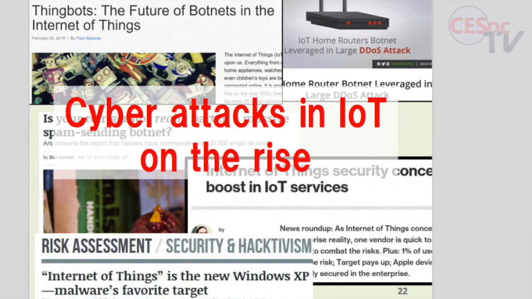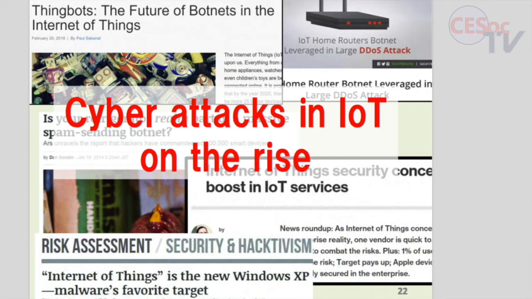I can explain IoT devices. Cyber attacks on IoT devices are on the rise. You can recognize this in many newspapers and articles. Devices are attacked, and we implemented a honeypot. I will explain the honeypot later.